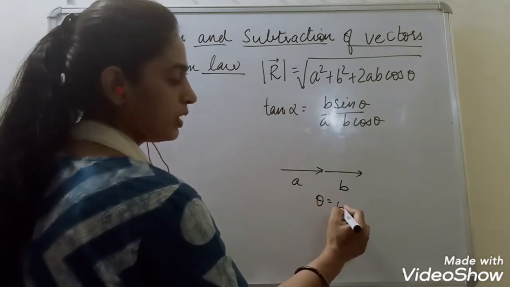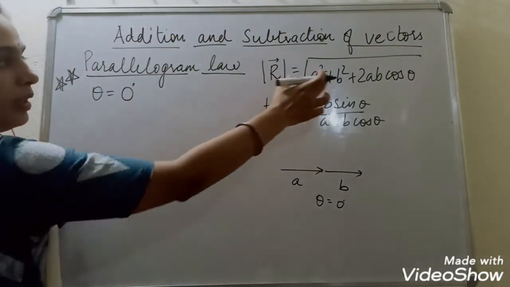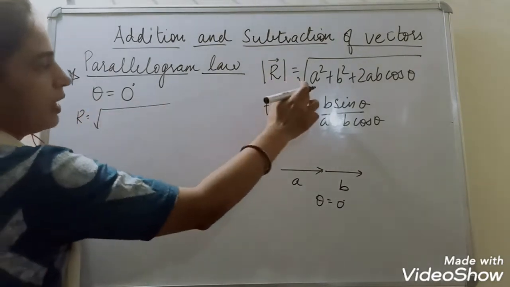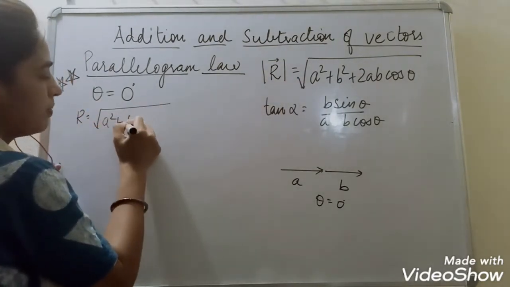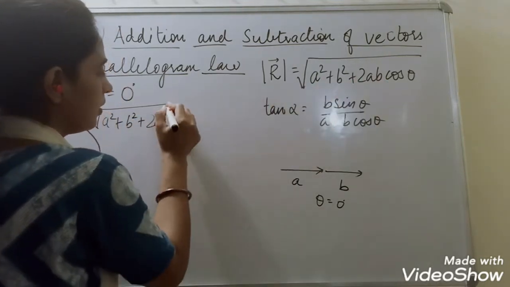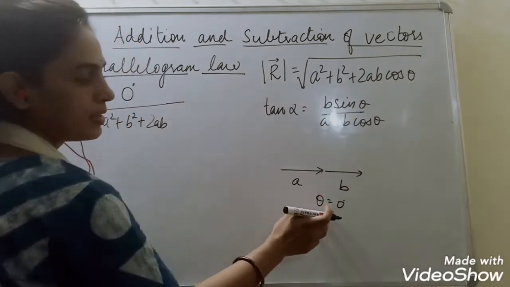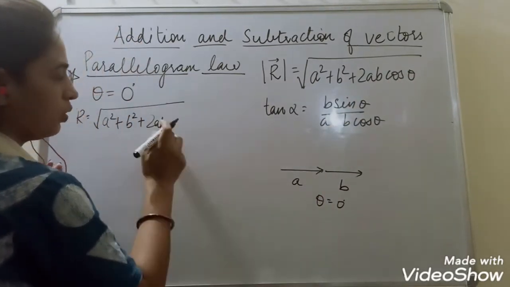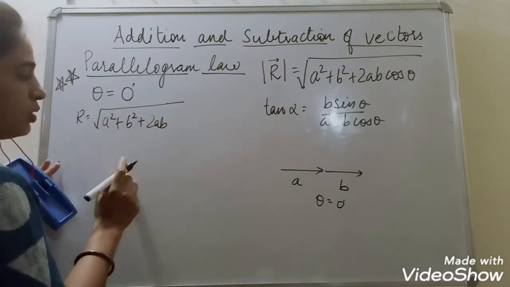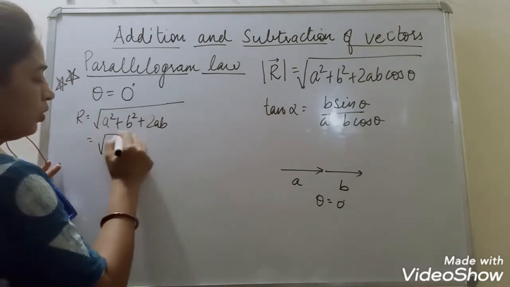Then what will be the resultant? R will be equal to the square root of A squared plus B squared plus 2AB cos theta. What will be cos 0?